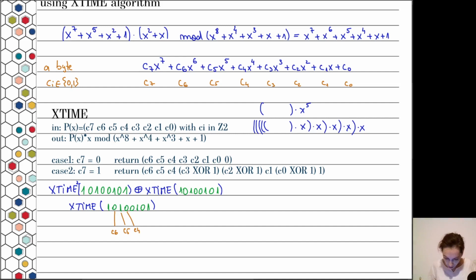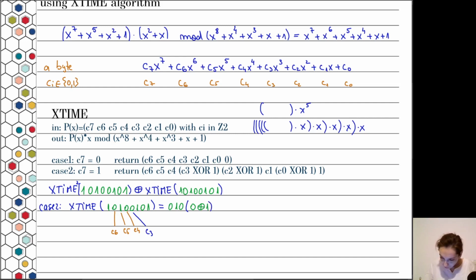So we are in case 2, and the result will be computed as follows. We will have 0 1 0, exactly like they are here, just shifted one position to the left. Then we will take C3, and we will have an XOR with 1.